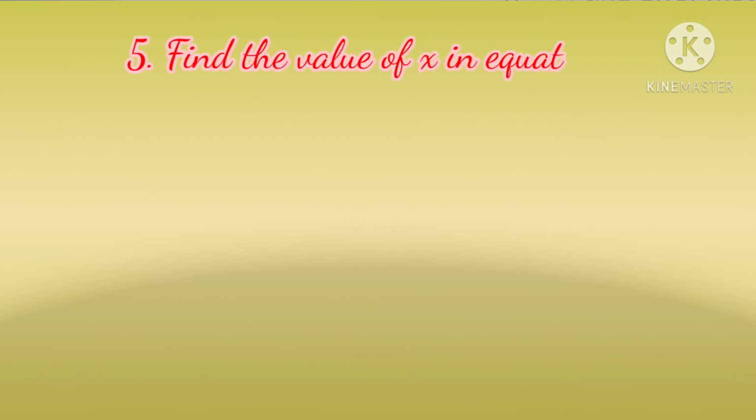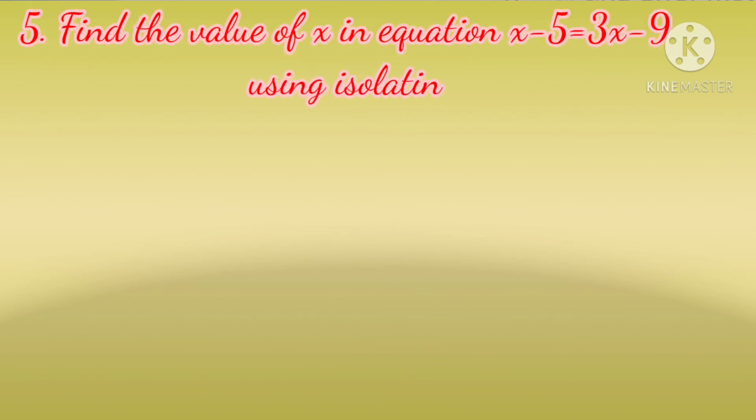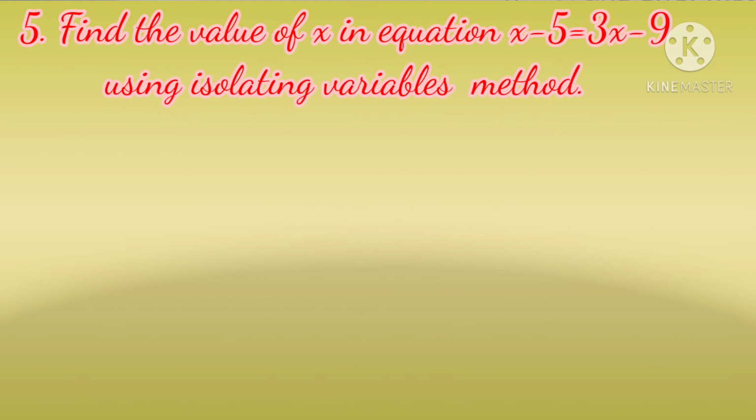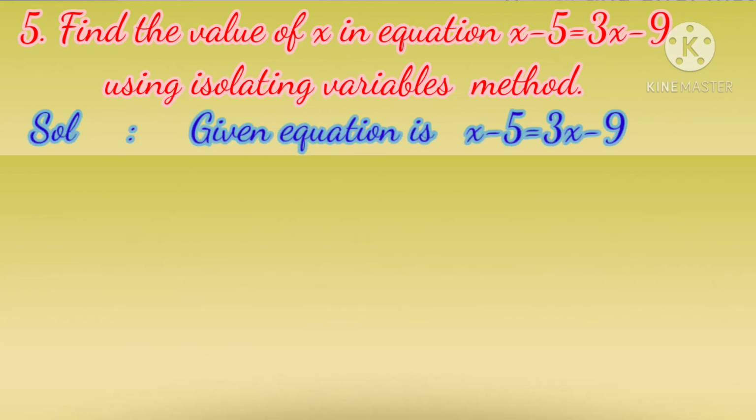So let's move to question number 5. Find the value of x in equation x minus 5 is equal to 3x minus 9 using isolating variables method. So given equation is x minus 5 is equal to 3x minus 9. Here we have to find the value of x. So we will remove 5 from this left hand side first of all.